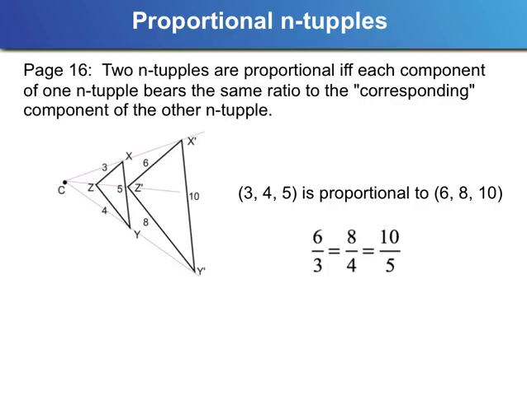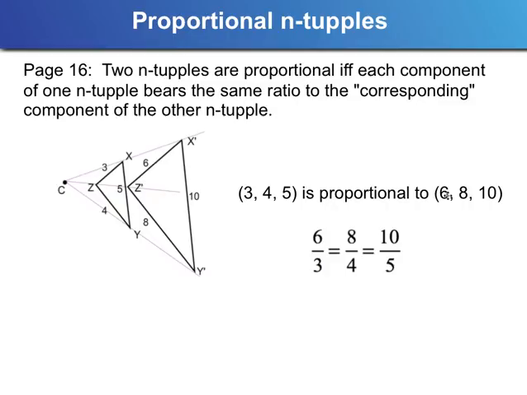Proportional n-tuples. On page 16, you will find this example. 2 n-tuples are proportional if and only if each component of one n-tuple bears the same ratio to the corresponding component of the other n-tuple. So you will notice that the ordered triple 3, 4, 5 is proportional to the ordered triple 6, 8, 10.